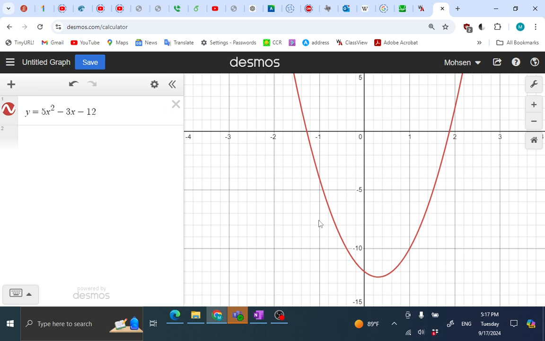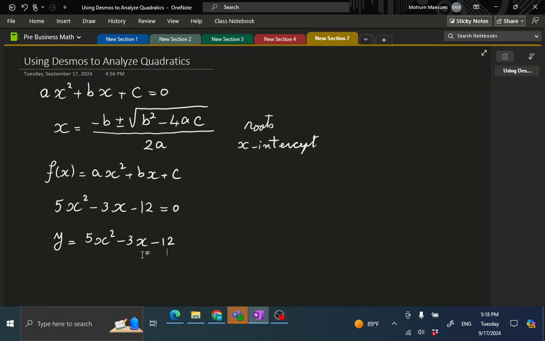Next issue was the issue of finding the roots. So let's go back here. Okay, suppose I want to solve this equation. What are we supposed to do? We said x is equal to, so big fraction.